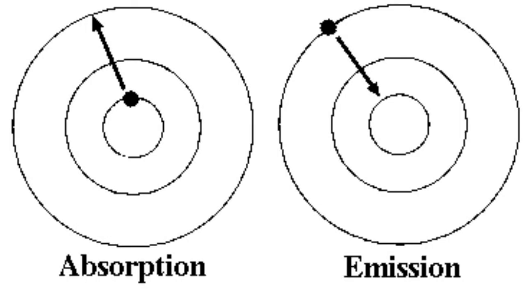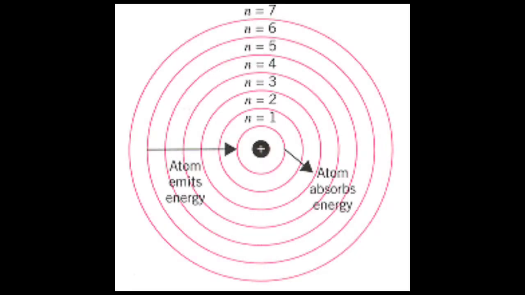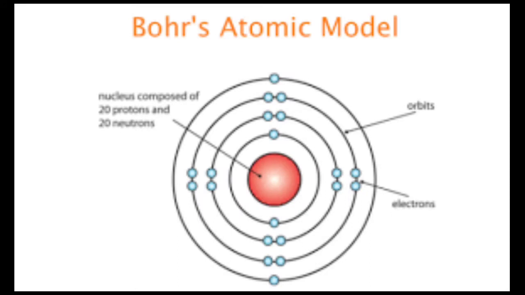When these electrons absorb energy from outside of the atom, they jump into a higher energy level. If the electrons emit energy, they come back to an orbit of lower energy level from a higher energy level. That means electrons revolve around the nucleus in a limited number of orbits.